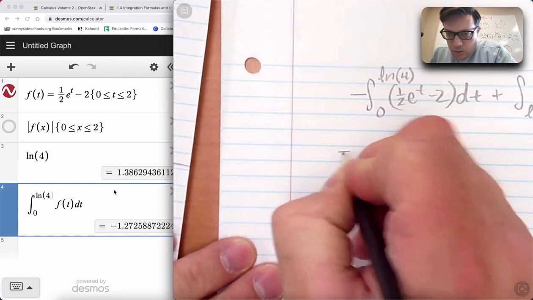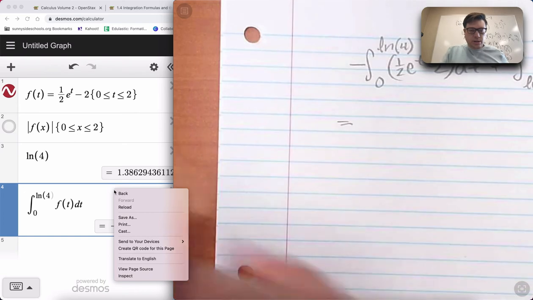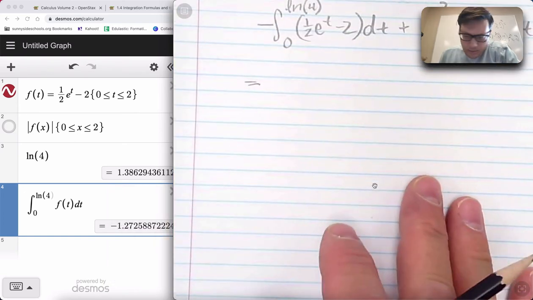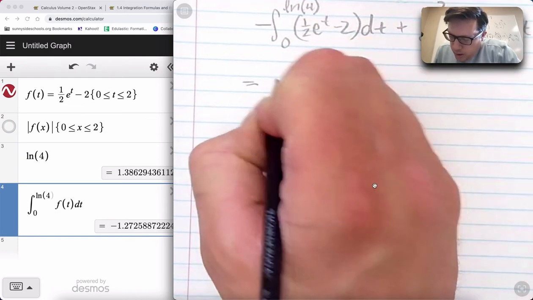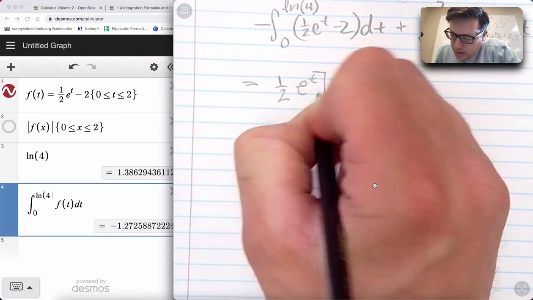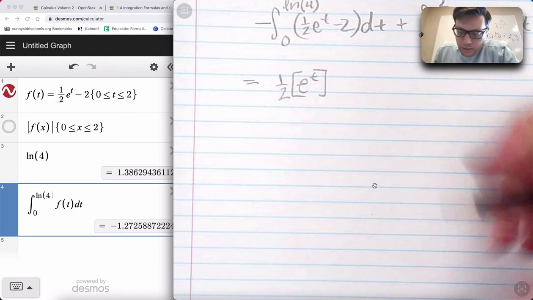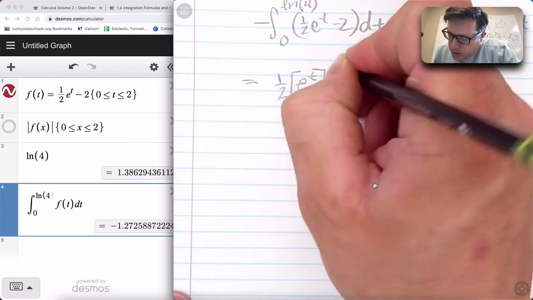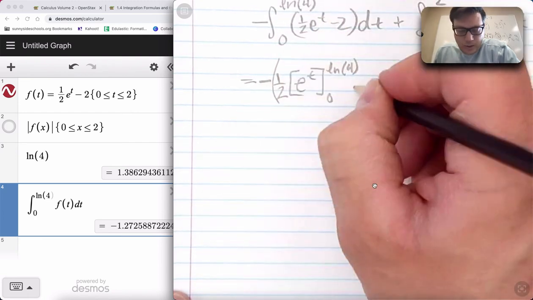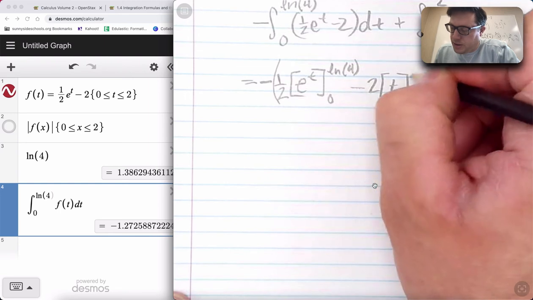So equals, I'm bringing in the notes from the previous section, 1/2 e to the t minus 2t from 0 to the natural log of 4. This is going to be negative.